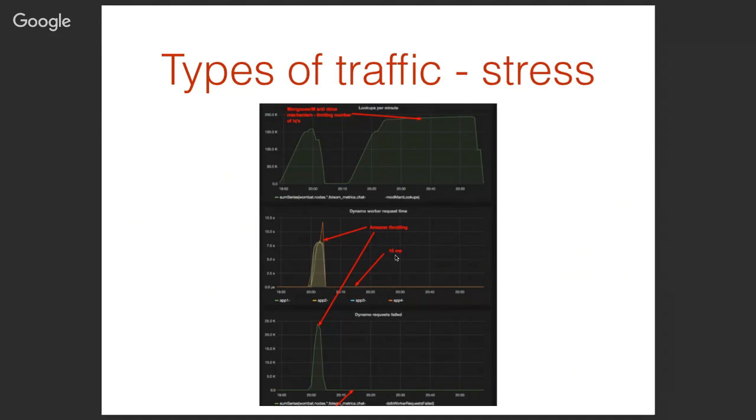Percentile and median is kind of good, because average hides your tail, which might be very big. You might have 30% of one-second response times and 40% very quick ones.